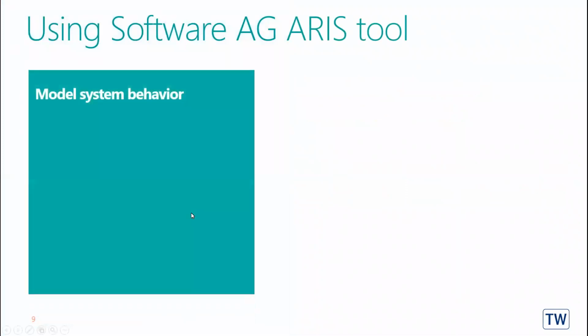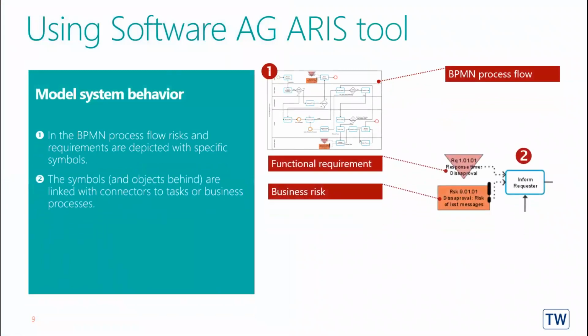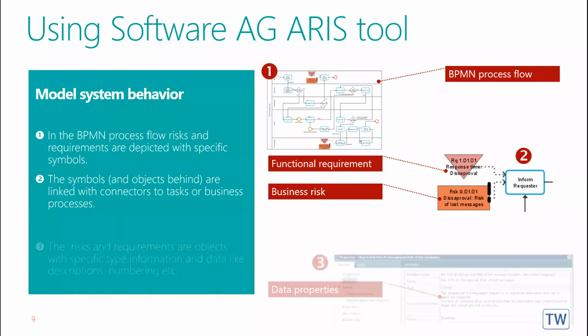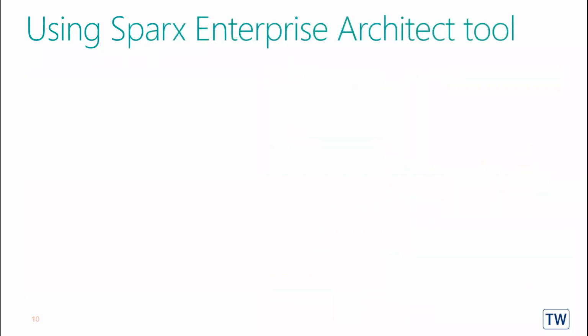Using the Aris tool, we use BPMN to model the flow, and we have specific objects customized to use requirements, that's the red triangle, and the risk with the exclamation mark, to assign risk and requirements to a task, or it might be assigned to a process. Data properties for the metadata are assigned as well.